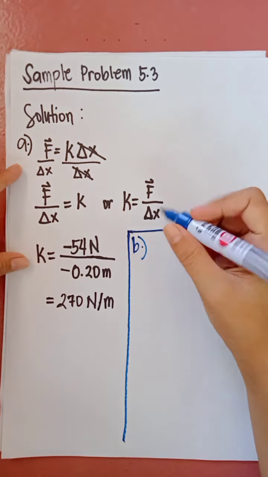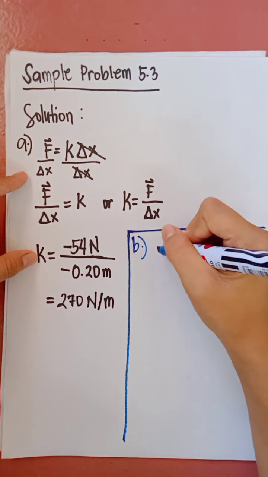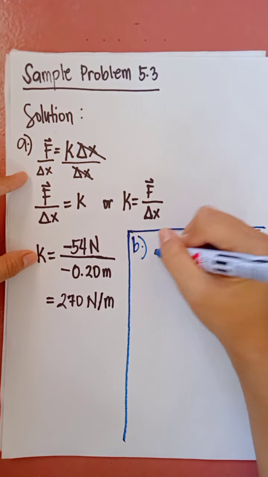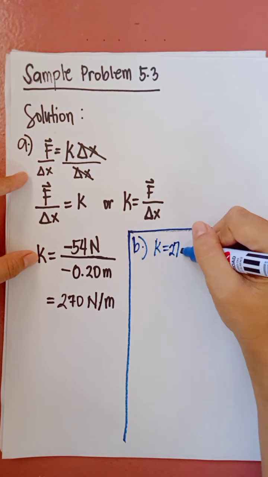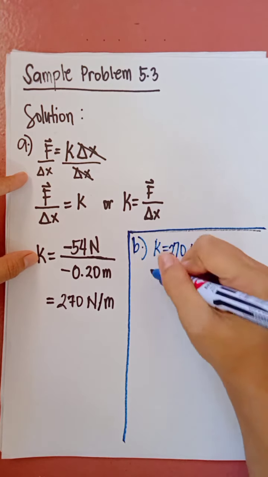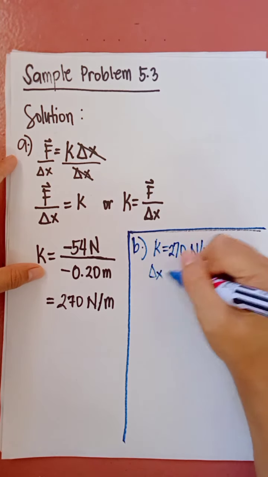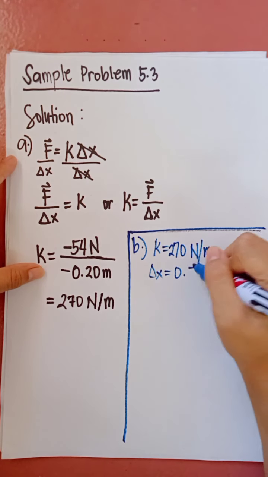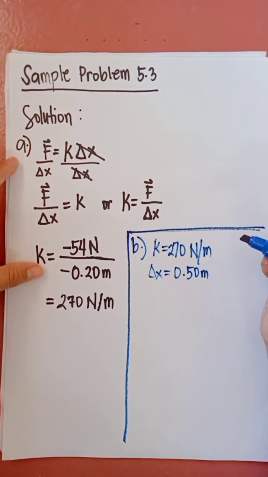So our equation would be the same, equation 5.2, and we put the value of K, 270 newtons per meter. Delta X is 0.50 meters.